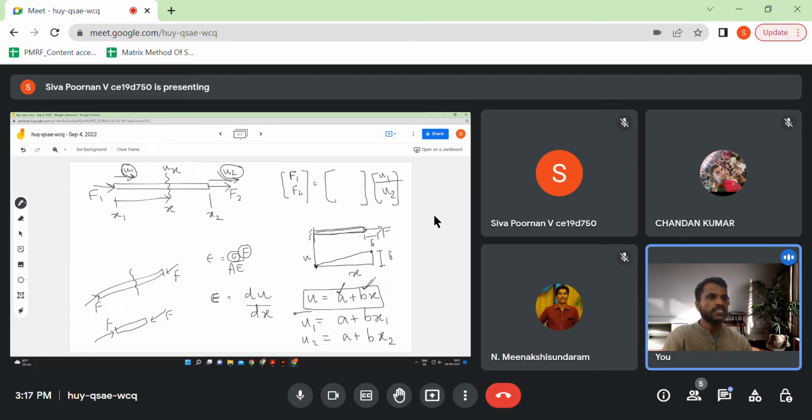I have two equations and two variables, a and b, which I don't know. I'll mark them in red so that we know we don't know them.